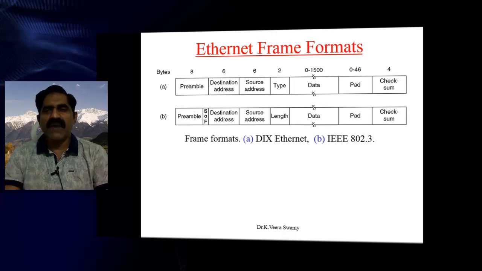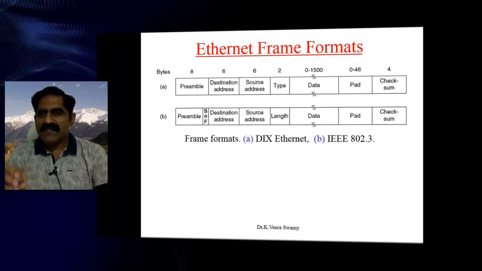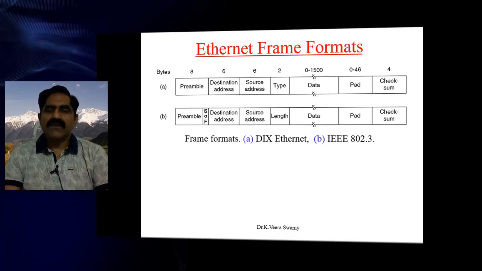Suppose it is a very low value, then you have to add pad, up to 46 bytes, so that the first bit of the frame can reach the last node in the LAN. That is the minimum condition to be satisfied.